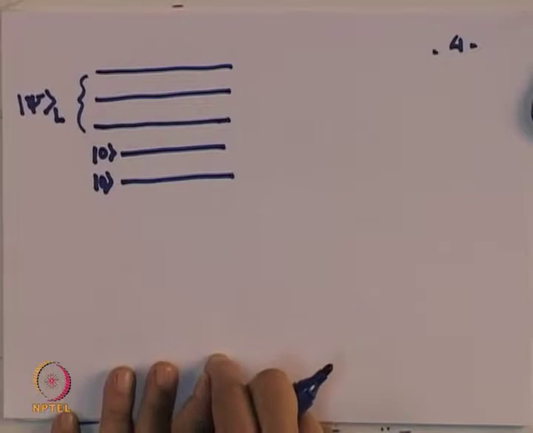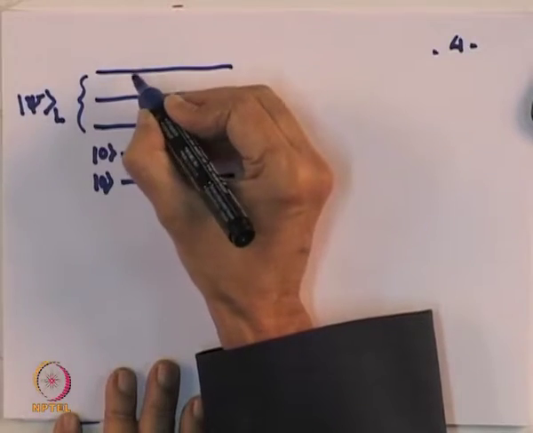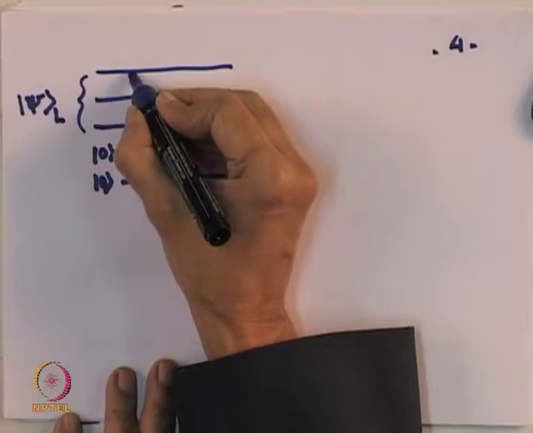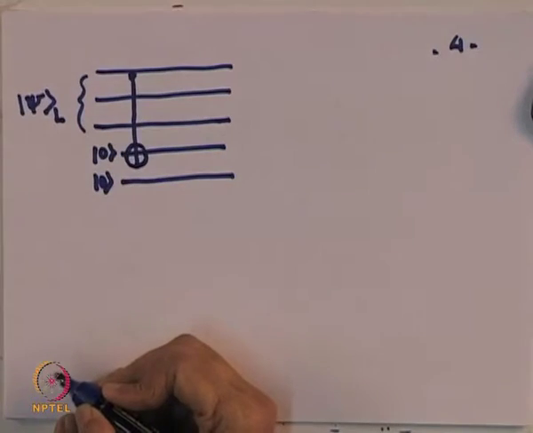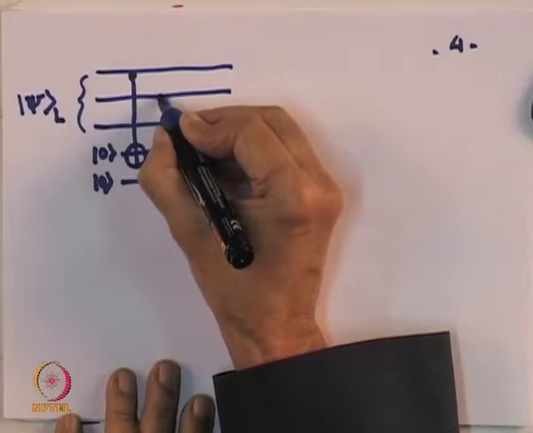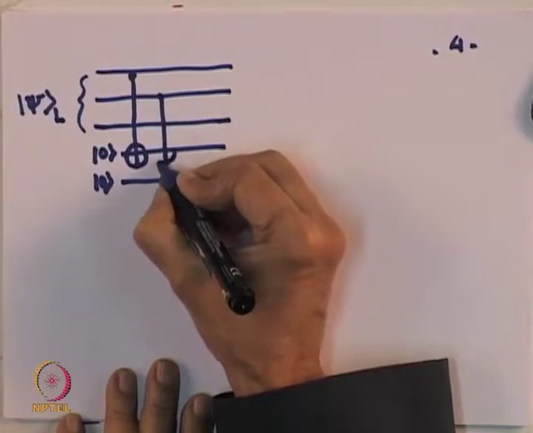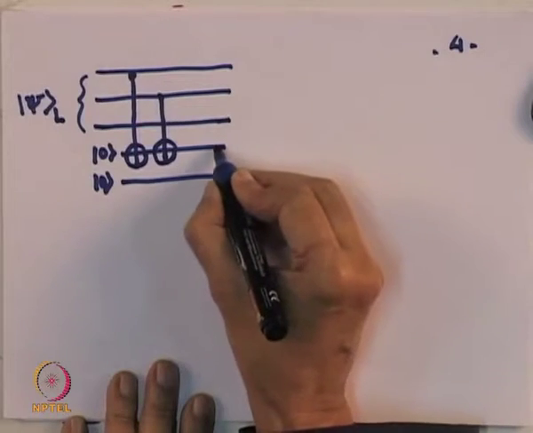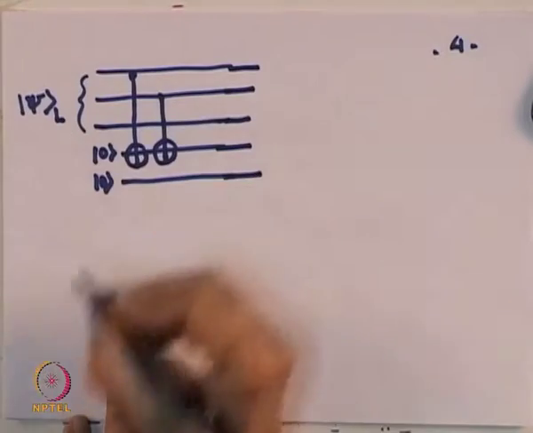The first thing that Bob does is to use the first qubit as the control and apply a CNOT gate on the first ancilla bit. Then he uses the second line as the control and again does the same thing to the first ancilla bit. For the second ancilla bit, his operations are slightly different.